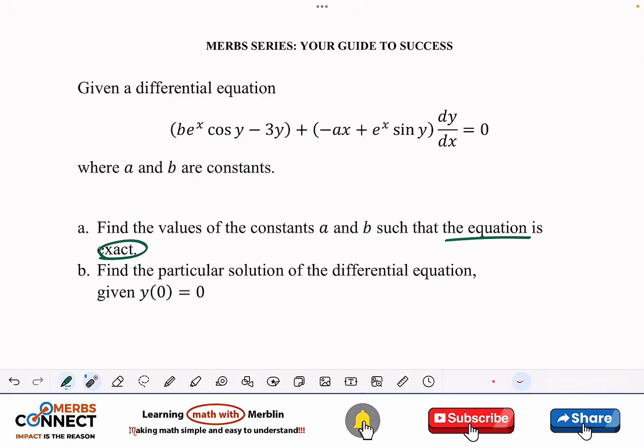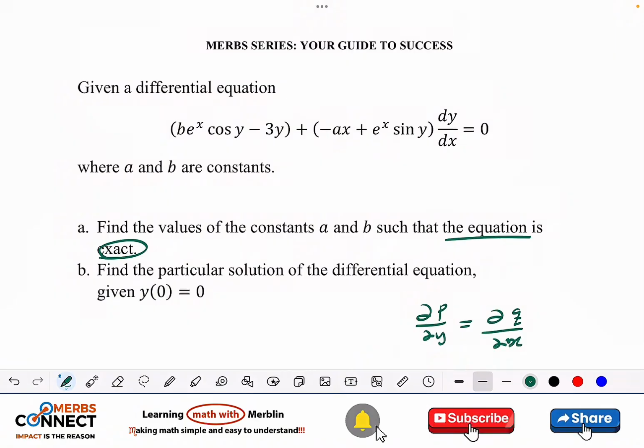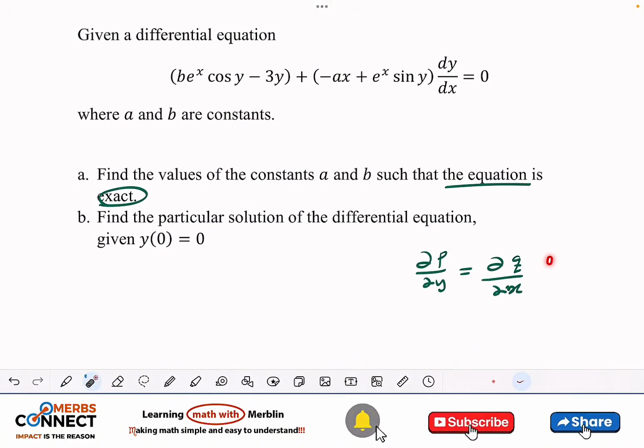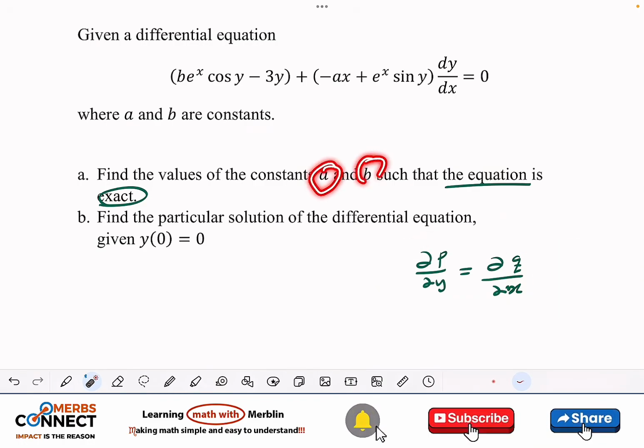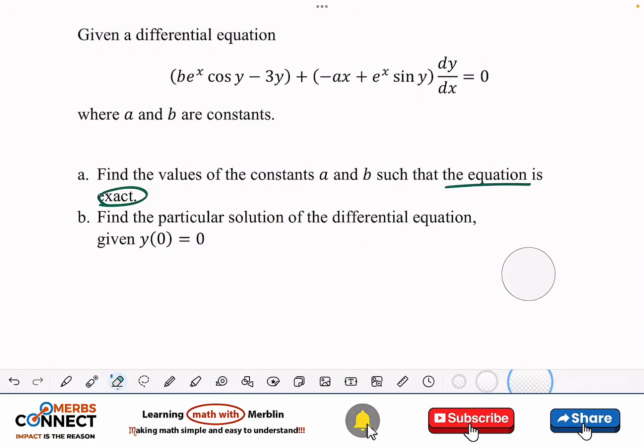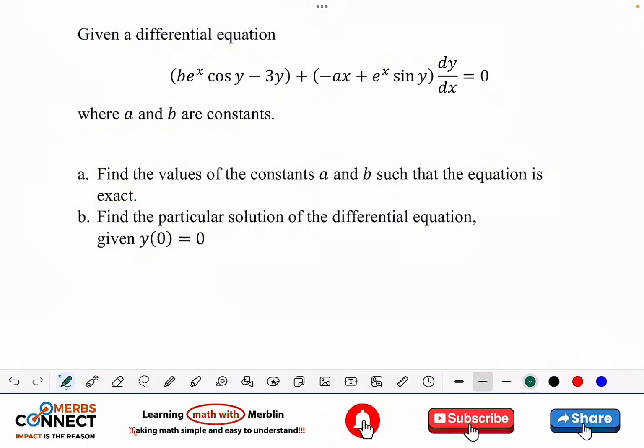It means that when I differentiate P of x, y with respect to y, it's automatically the same as this, because the function is exact. Remember, anytime the equation is exact, this is true. So we can use this idea to find the constants a and b. So let's go through the process and then I'll show you. So let's talk about a.